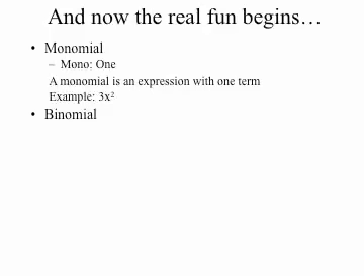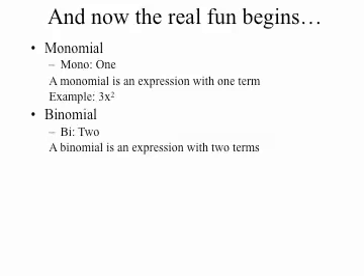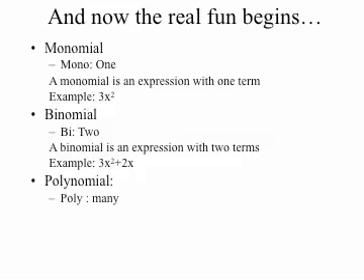A binomial, bi means two. A binomial is an expression with two terms. An example of a binomial is 3x squared plus 2x. There are two terms in this. The first is 3x squared, and the second is 2x. A polynomial, the prefix poly, just means many.